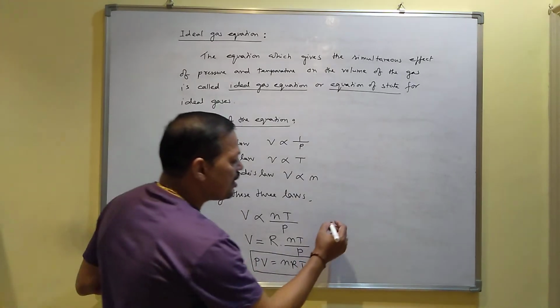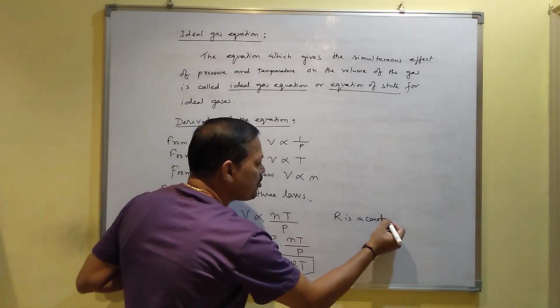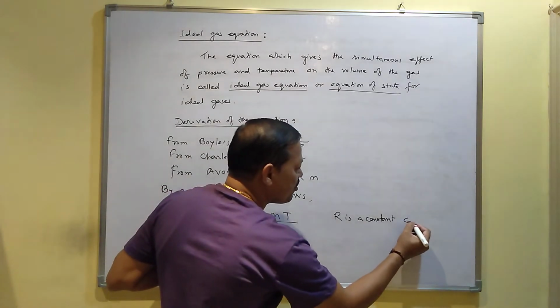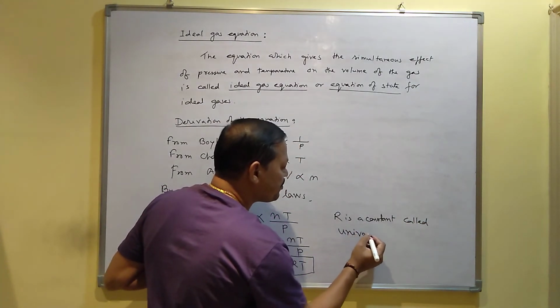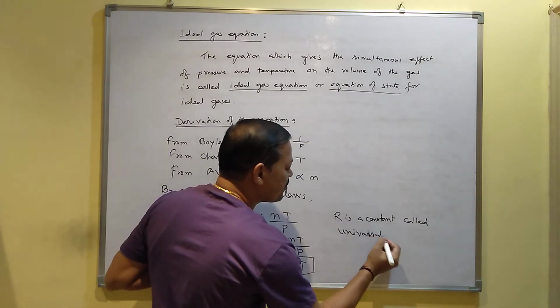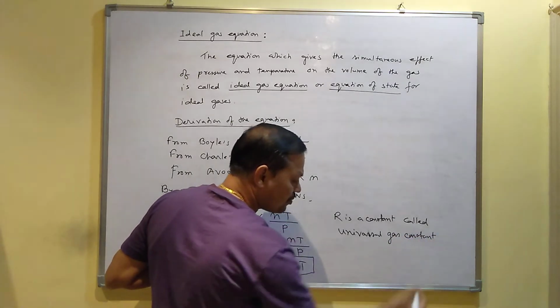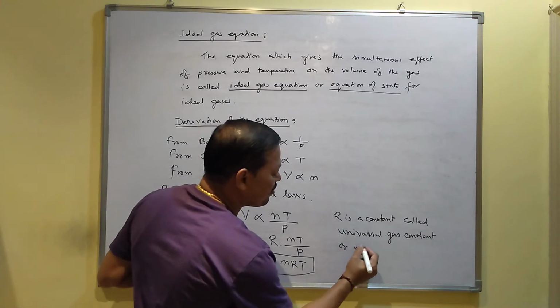Now what is R? R is a constant. This is one of the special constants. You have to learn the value of R also. R is a constant called the universal gas constant, and it is also called the molar gas constant.